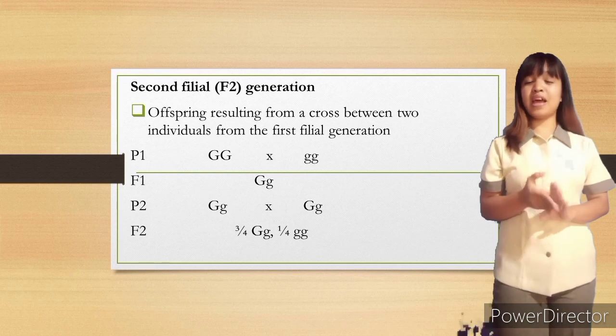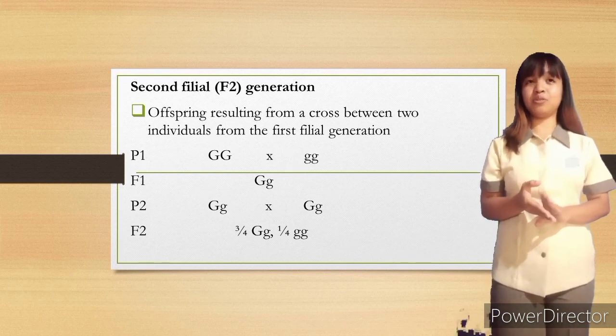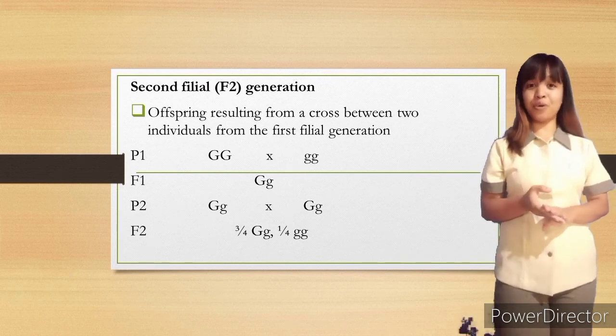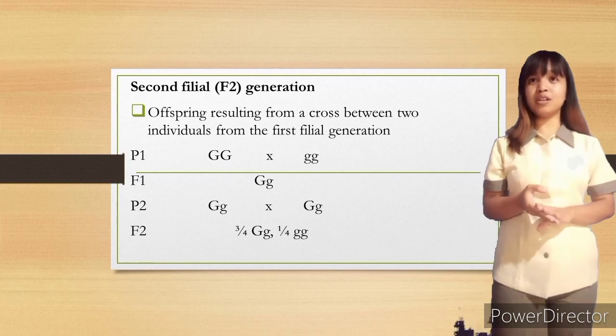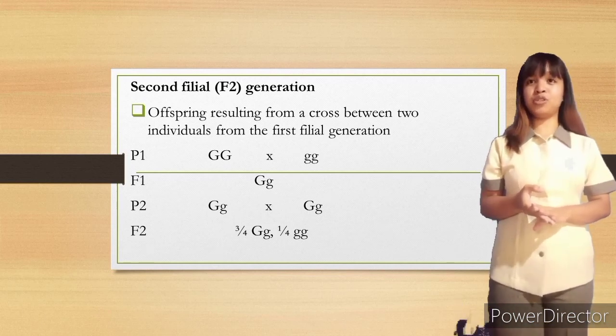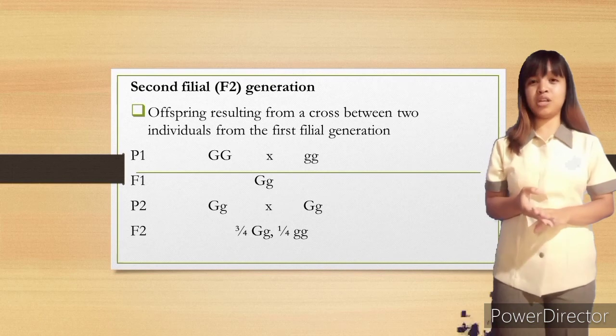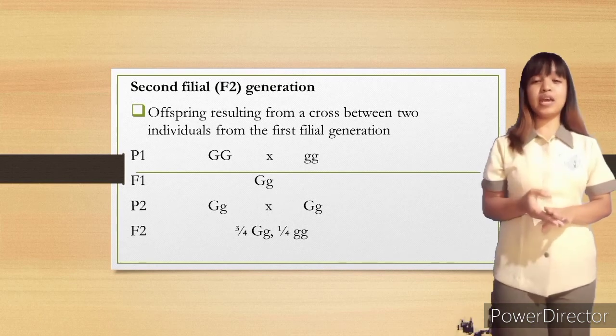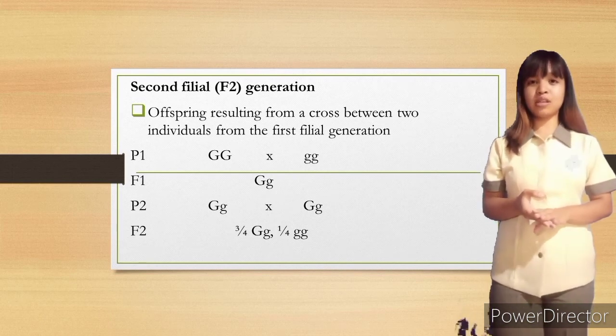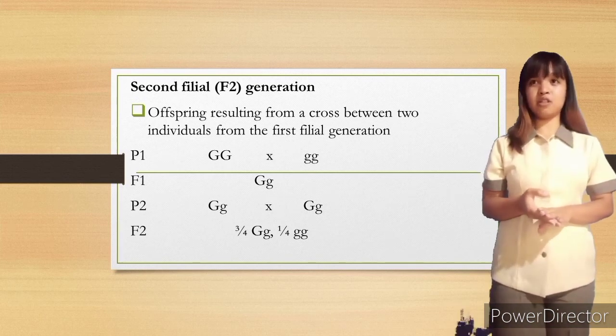Now, to determine the F2 or the second filial generation, we have to cross F1 with F1. We have to cross heterozygous G with heterozygous G. Thus, the F2 is 3/4 dominant G and 1/4 recessive trait of g.